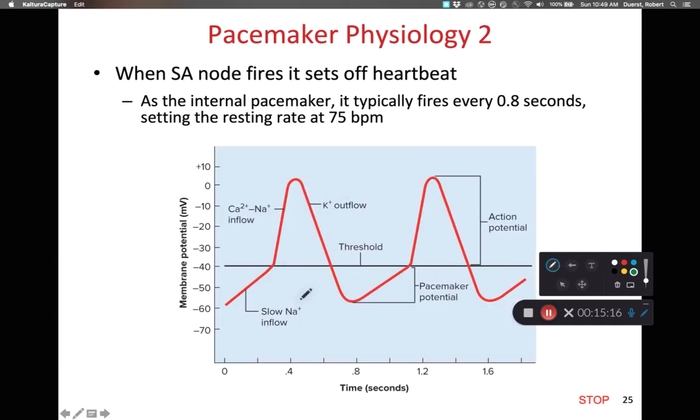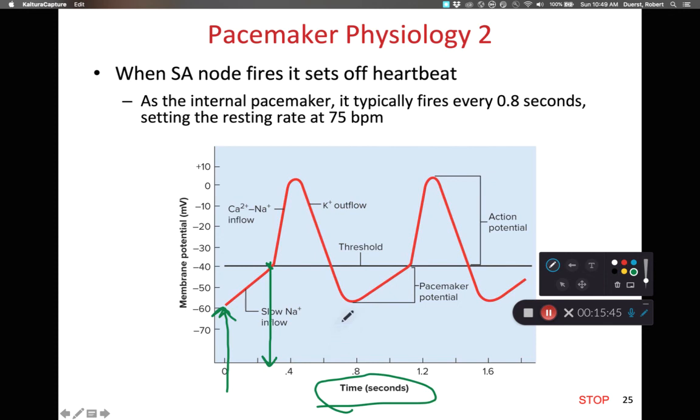So as we look at this SA node, once it fires, right here, that determines ultimately an entire series of events that result in the atria contracting, then the ventricles contracting, and blood leaving the heart. As we look at the timestamps here, I mean, this is cool. Look at this time here. So we have a depolarization event right here. If we start at time 0, we're starting at the bottom of resting.